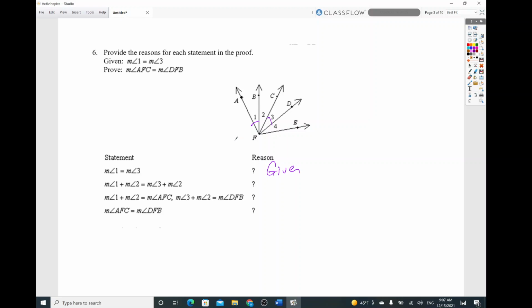This is also the addition property. Then angle 1 plus angle 2 equals the measure of angle AFC. This one is called the angle addition postulate. And finally, the measure of angle AFC equals the measure of angle DFB, which is angle congruency.